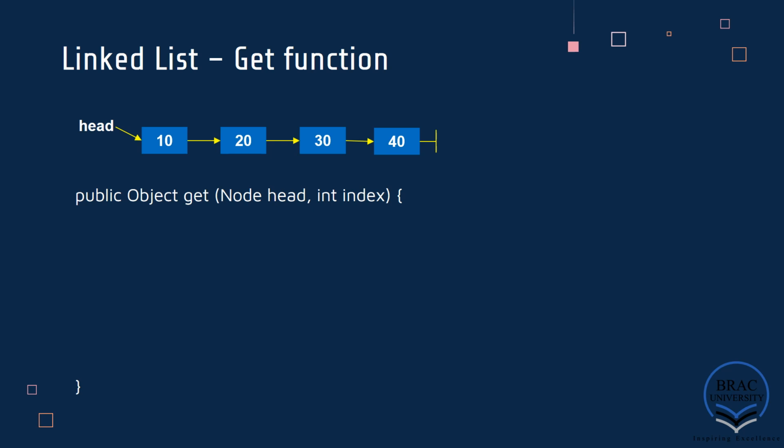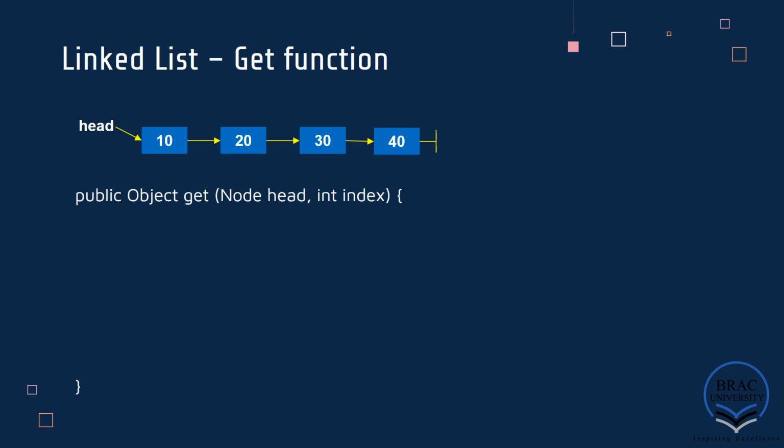As we know, the list does not have any valid indexes, but what we use are some kind of imaginary indexes. Here we are taking 10 as index 0, 20 as index 1, 30 as index 2, and 40 as index 3.